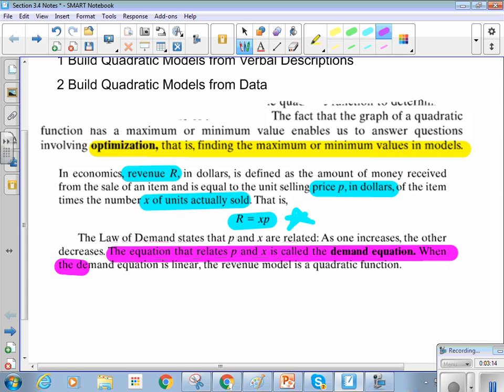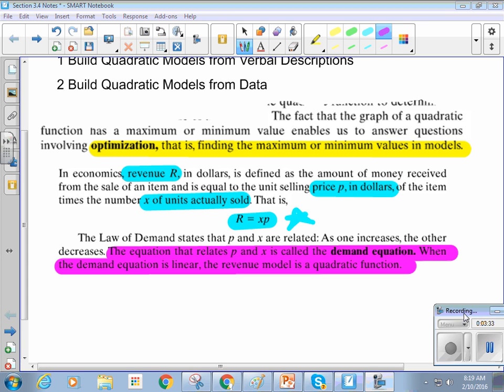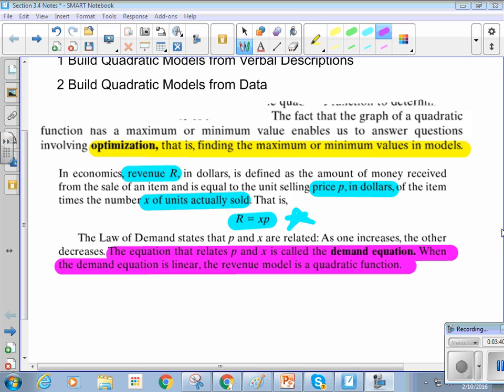When the demand equation is linear, the revenue model is a quadratic function. Because I take that demand equation, P, and it's got some X in it, and I multiply it by X, and I get a quadratic, because X times X is X squared. When the demand equation is linear, the revenue model is a quadratic.